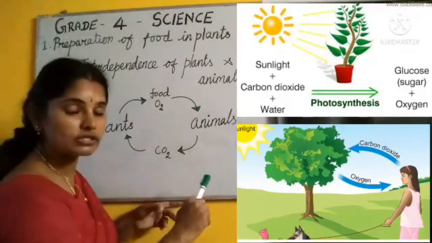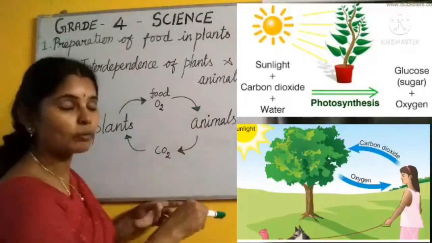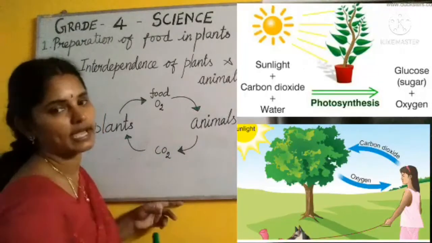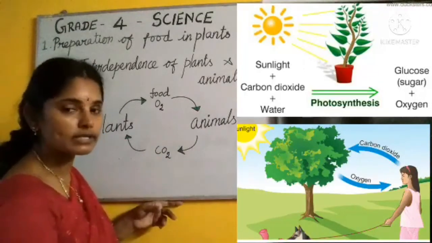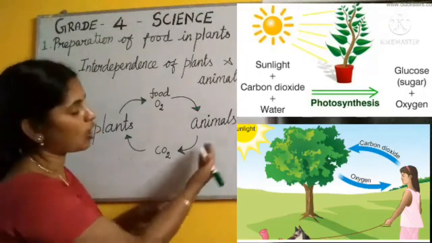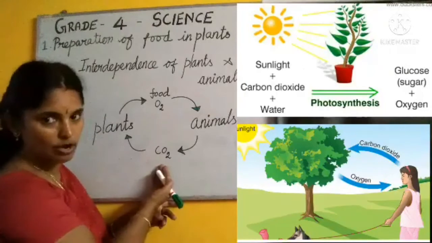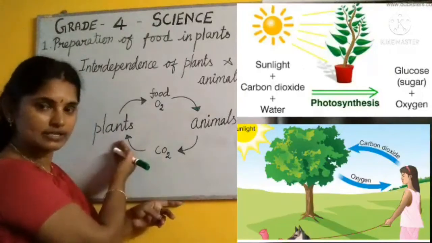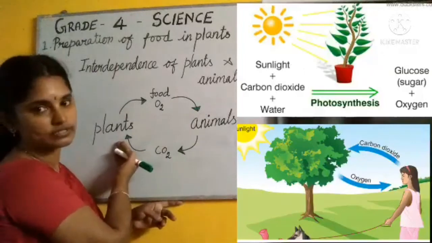So for the photosynthesis process, through the stomata, what gas is the plant taking? Carbon dioxide gas. And the carbon dioxide gas, where are they getting it from? From the animals.